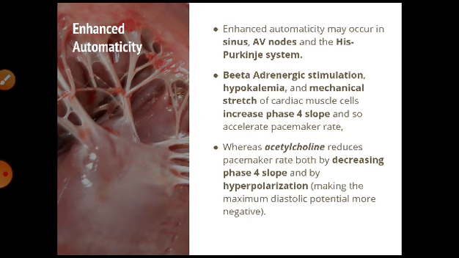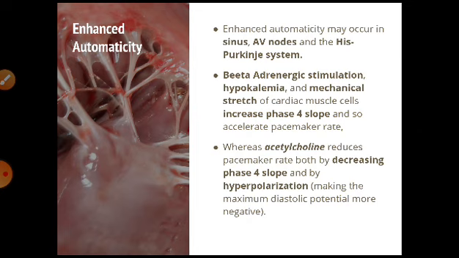Because for impulse generation, you need a depolarization. And what happens in the case of beta adrenergic stimulation? It stimulates it, and the hypokalemic condition is produced as well.